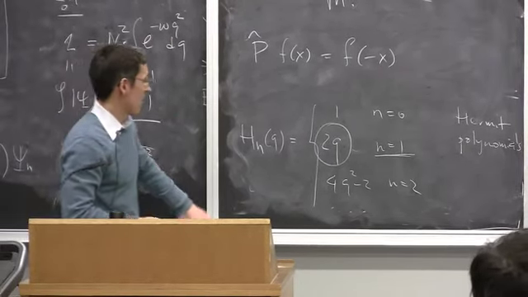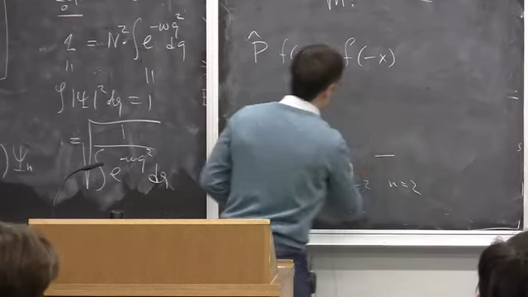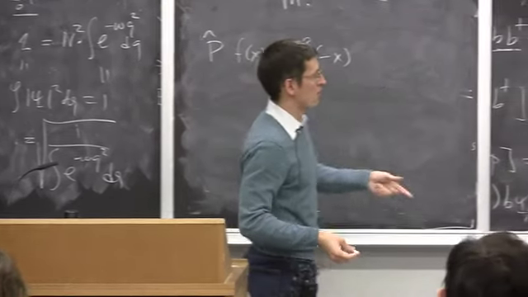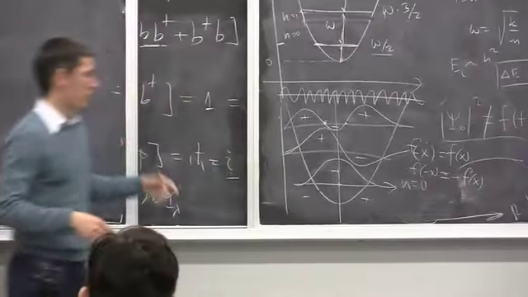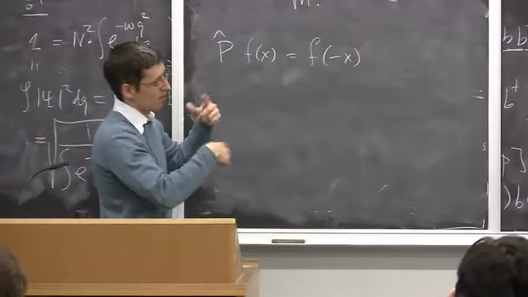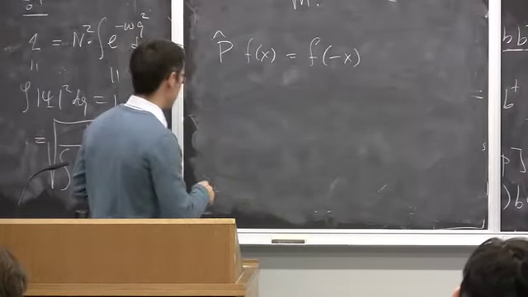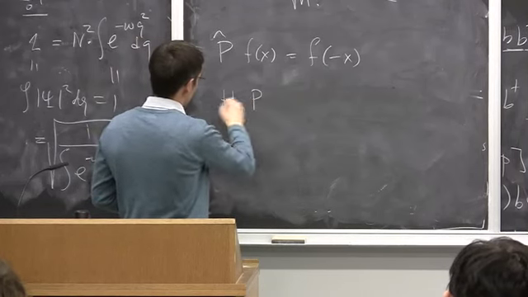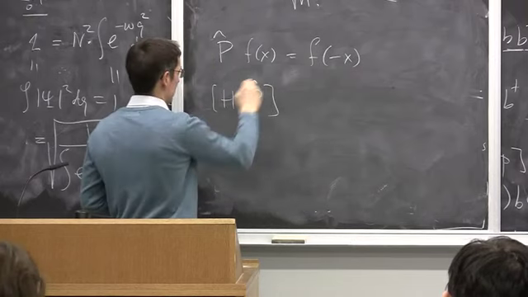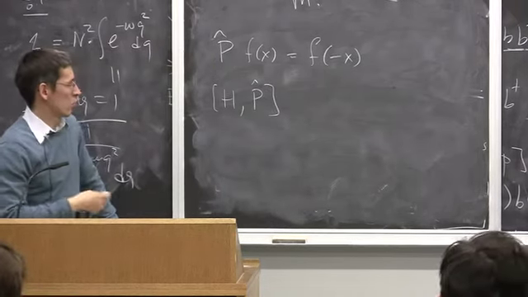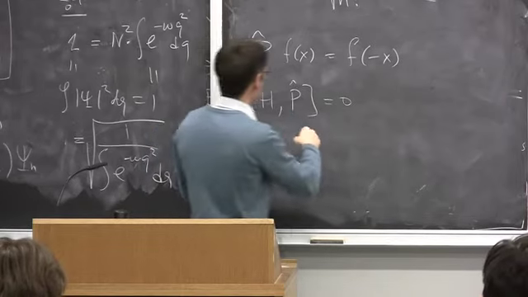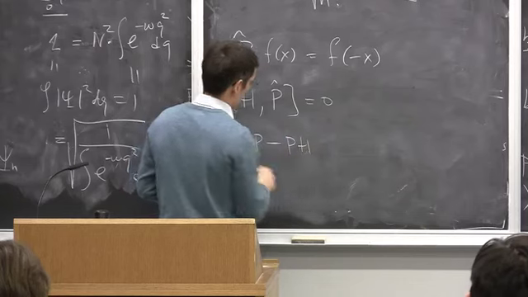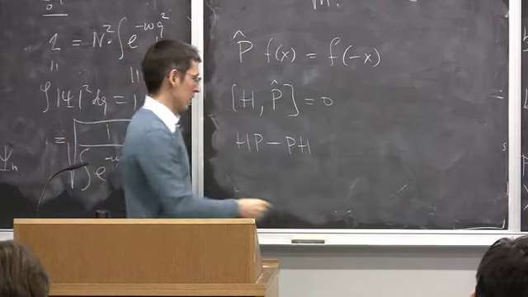And the reason why both the particle in the box and the harmonic oscillator have functions that alternate in even and odd behavior, you can check that, is because the Hamiltonians of both systems commute with the parity operator. In other words, it doesn't really matter whether you do this or you do this, the result will be the same for any function.